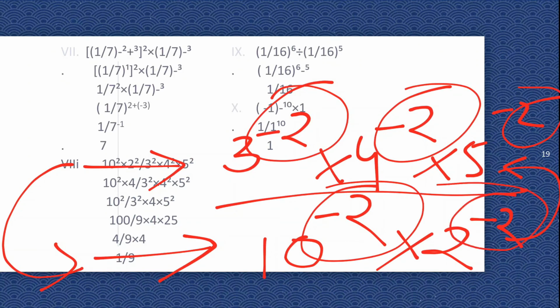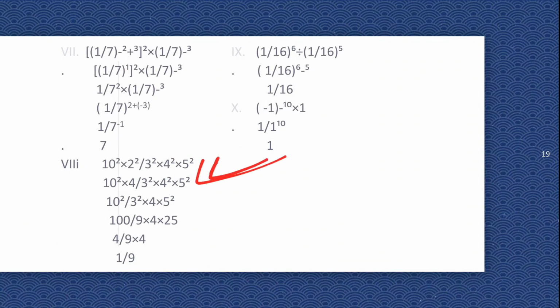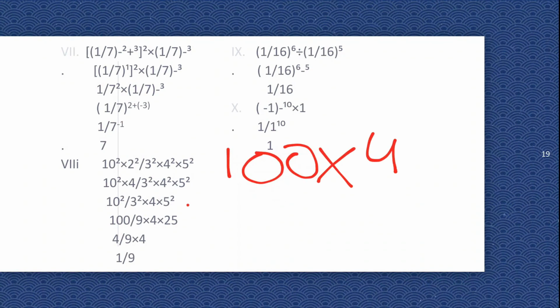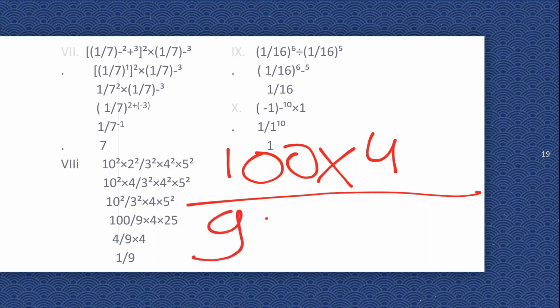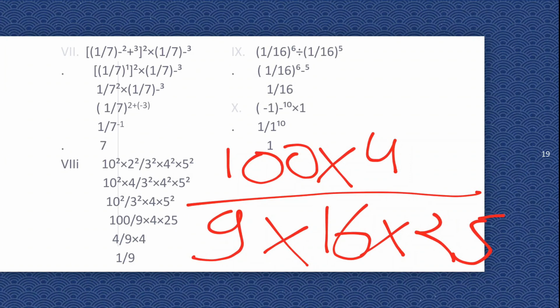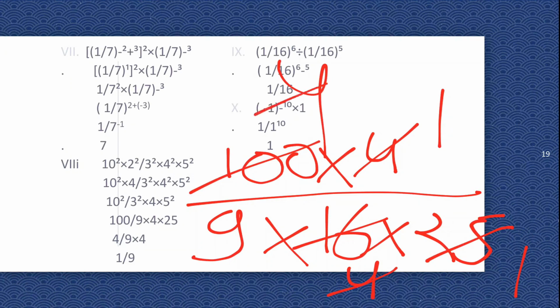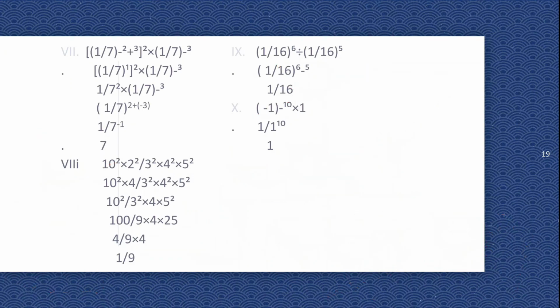Here we did the same thing. 10 to the power 2 into 2 to the power 2, divided by the same thing. Now you can solve them easily. You know all the values. 10 into 10, 100 into 4, 3 into 3, 9, 4 into 4, 16, 5 squared. Now you can solve them. 4 and 4 cancel, 1 by 9 is the answer.